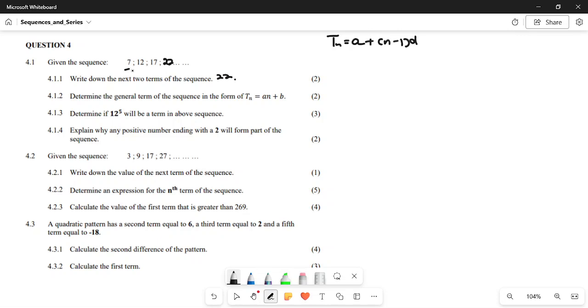Our value of a is the first term, and the difference is 5. So I can say 7 plus 5 times n minus 1. I will therefore have 5n minus 5. So the final nth term is given by 5n plus 2.